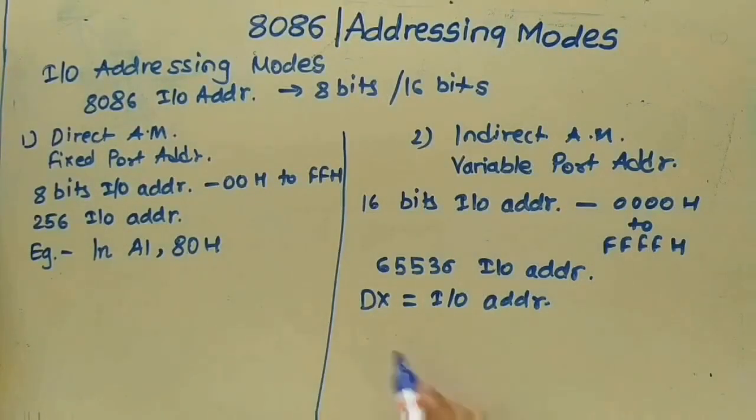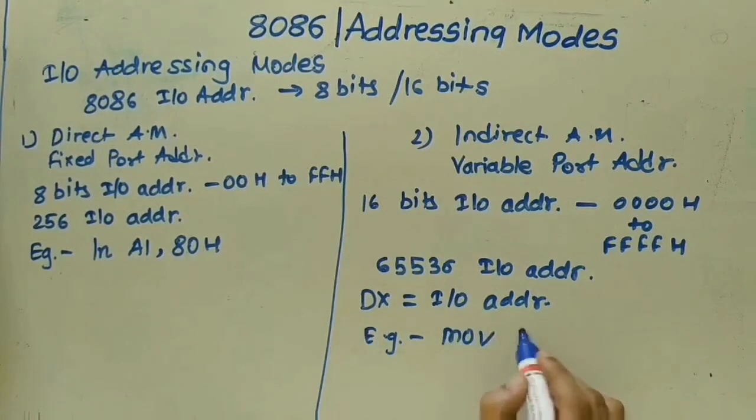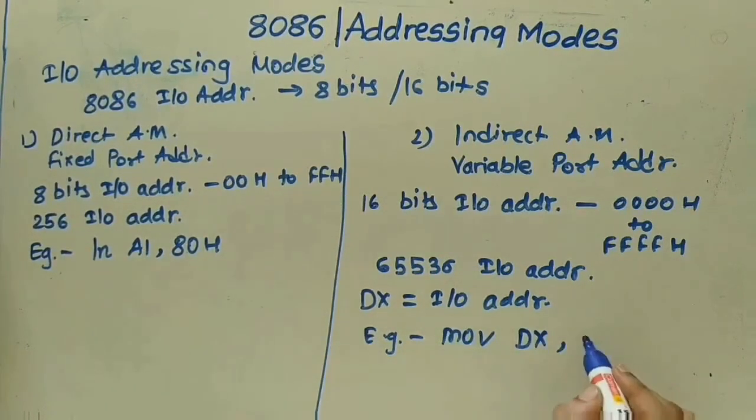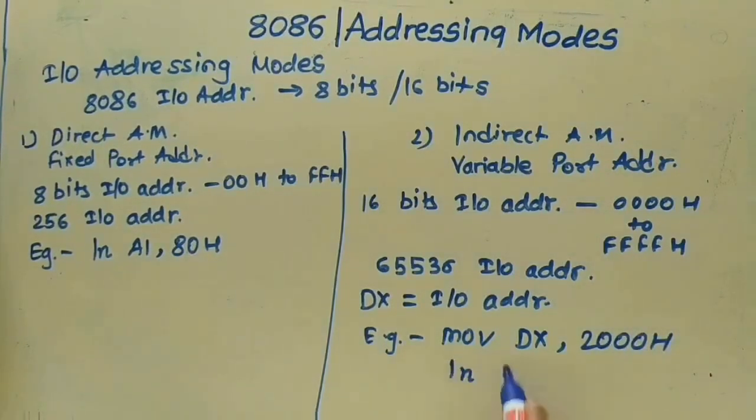For example, let's consider MOV DX, 2000H, and then IN AL, DX.